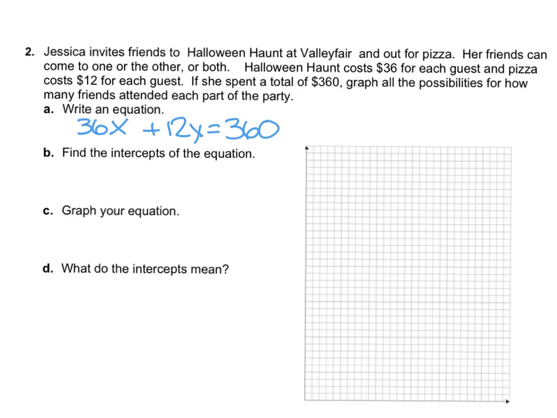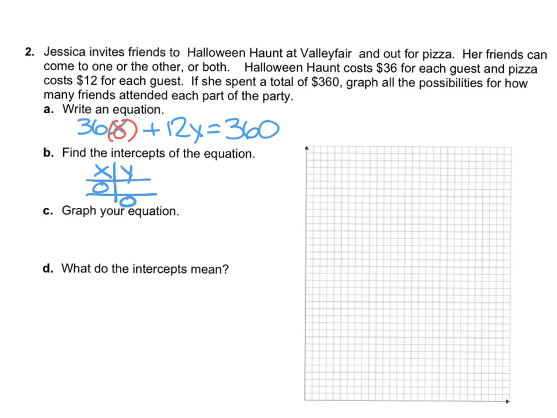Remember that for the x and y intercepts, we find the y-intercept when x is 0, and the x-intercept when y is 0. So if I plug in 0 for x, then everybody would be getting the pizza. And so I would take 360 divided by 12.